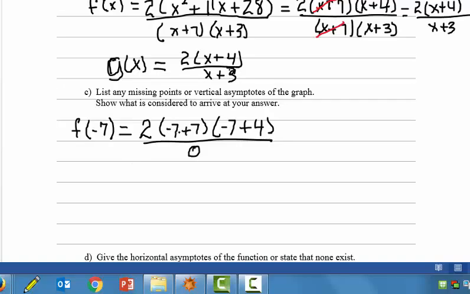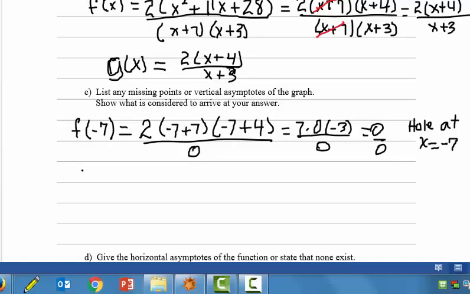But notice, negative 7 plus 7 is 0. So you get a 0 out of this. So the function evaluated at one of the values that makes the original denominator 0 gets 0 over 0. So that tells me there's a hole at x equals negative 7.